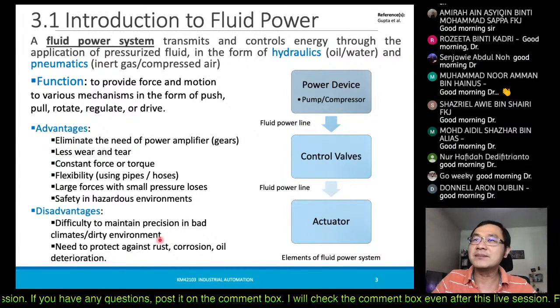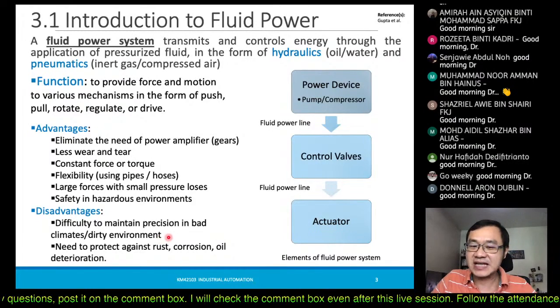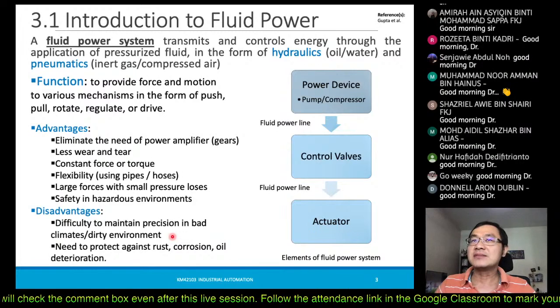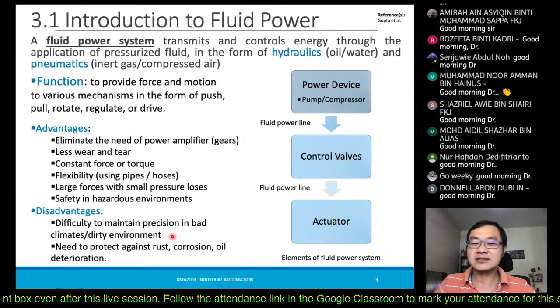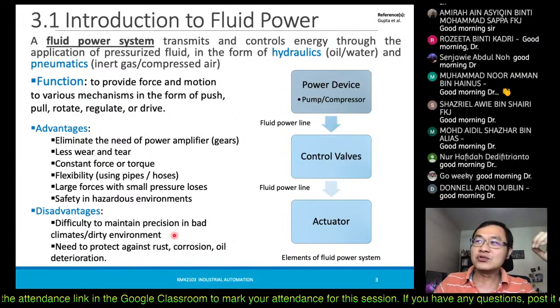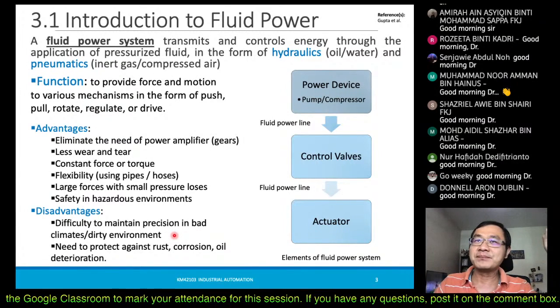They may not be meant for very precise machining, not exactly very precise, but we can still maintain a certain level.